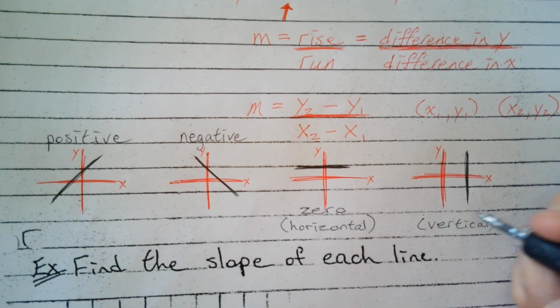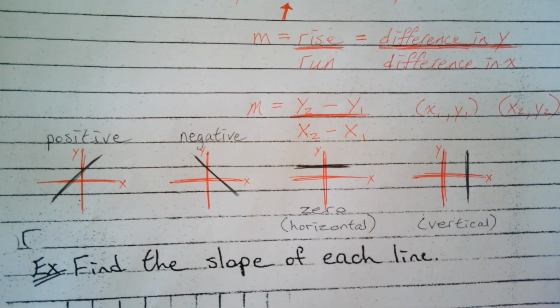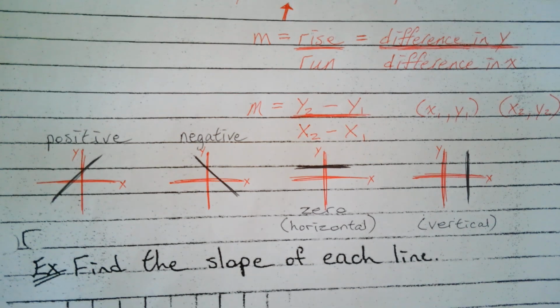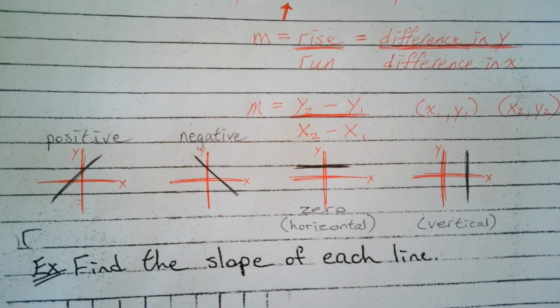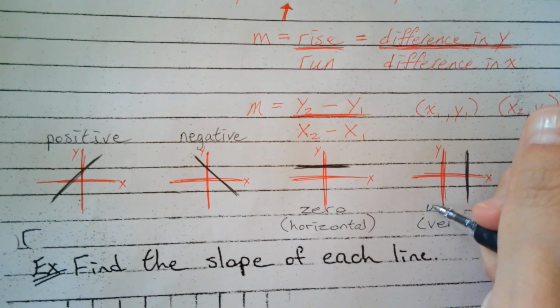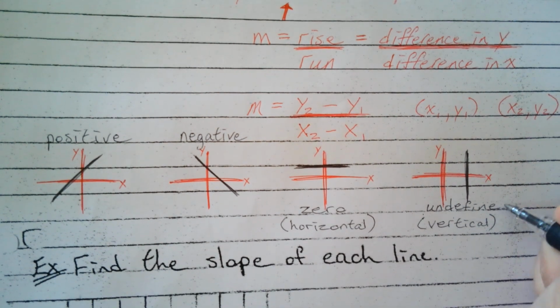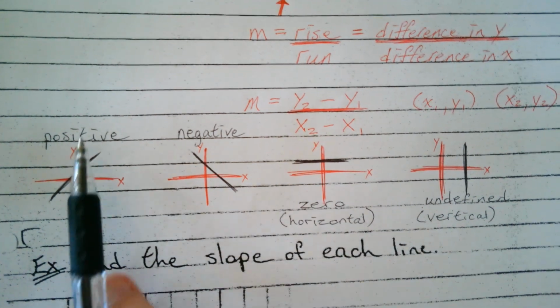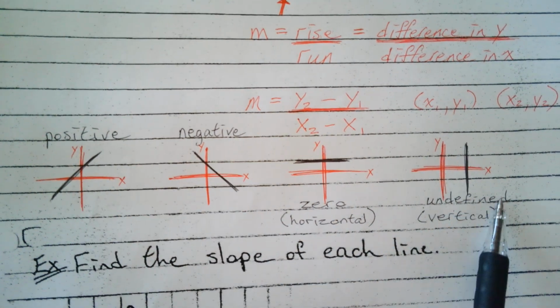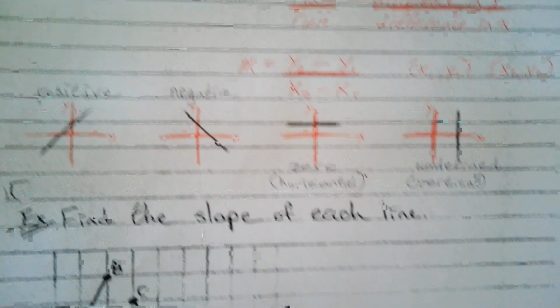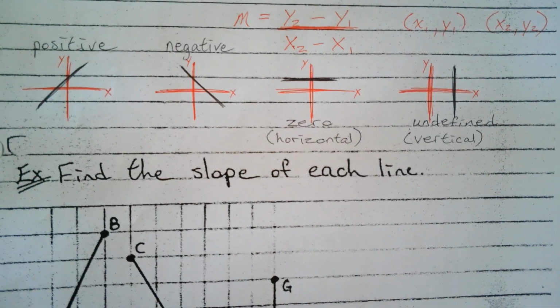For vertical slope, there's a fancy name. Brian? Undefined. Okay. On your next test, I'm definitely going to ask about these: positive, negative, 0, and undefined. So make sure you know the spelling.